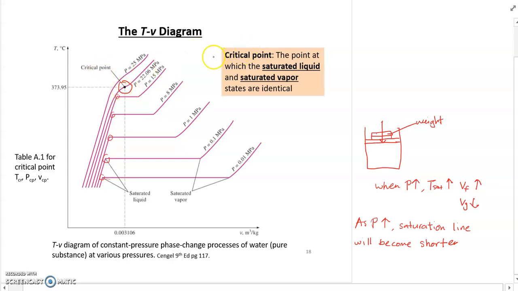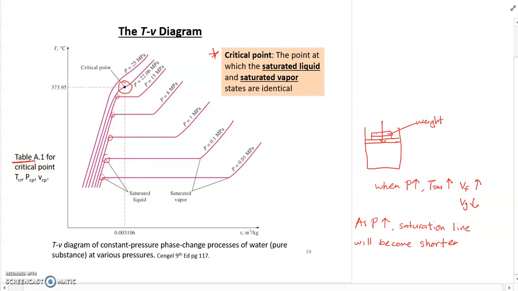The definition here: the critical point is the point at which the saturated liquid and saturated vapor are identical. So where can you get this value? You can get the values from table A1, for the critical temperature, critical pressure, and critical specific volume.